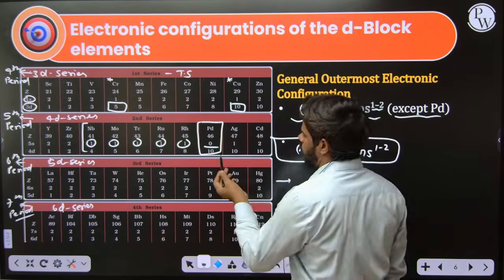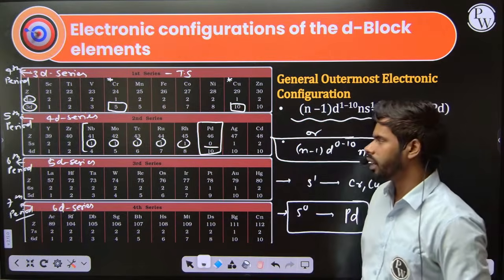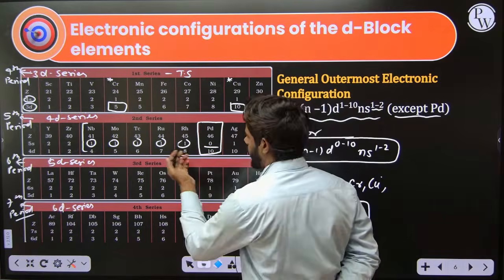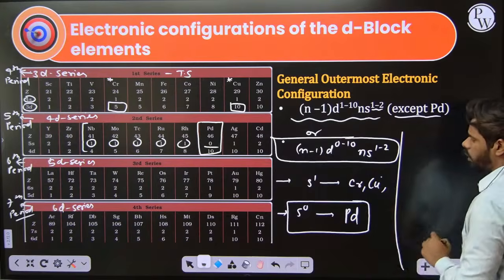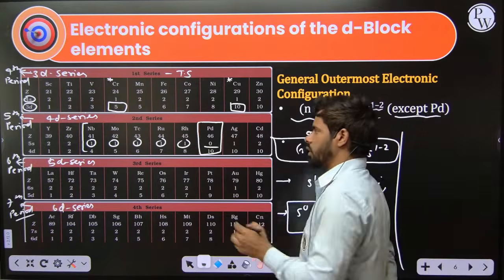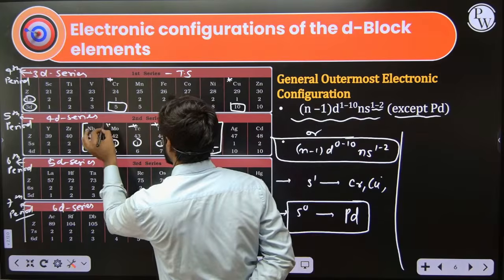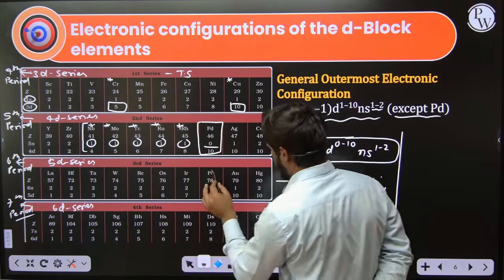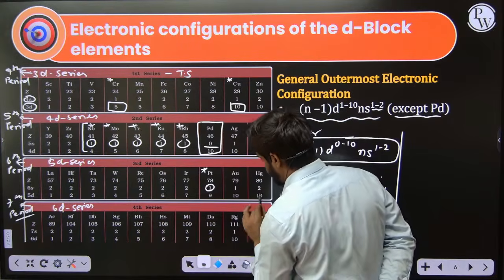This is also because it gets a fully filled configuration, which is more stable. What is the reason behind this? In platinum also there is one electron.